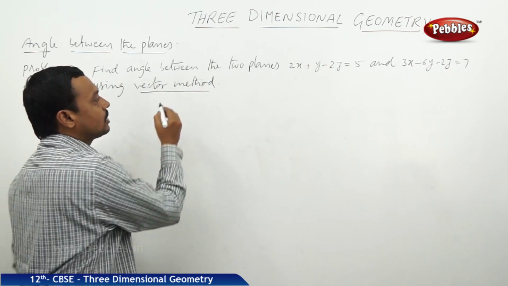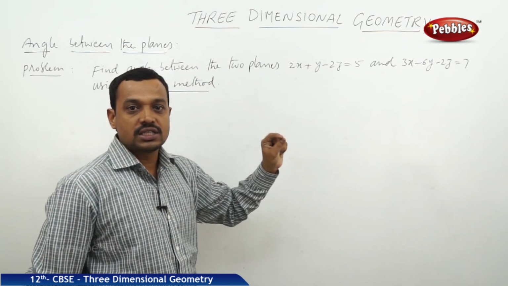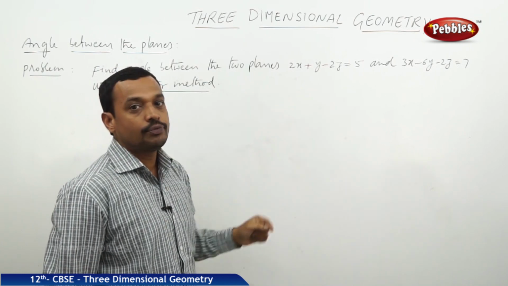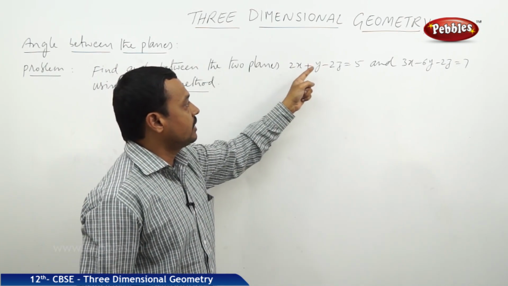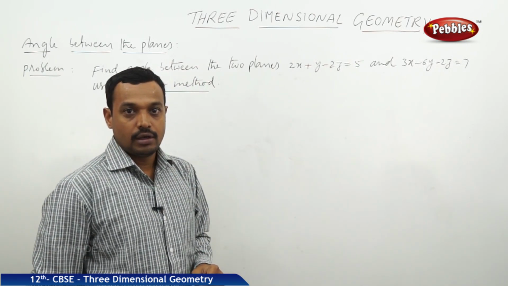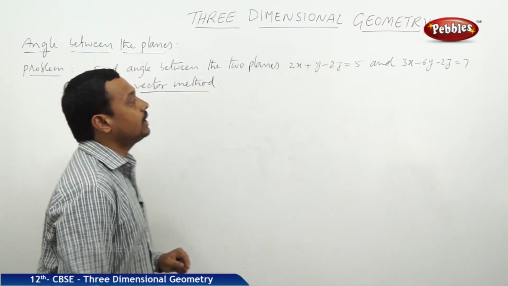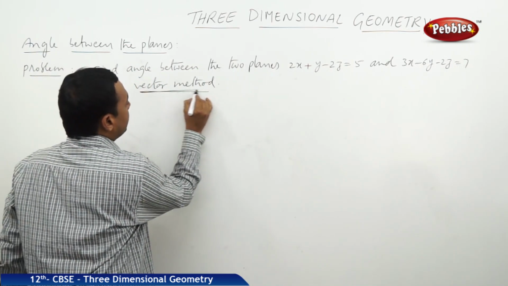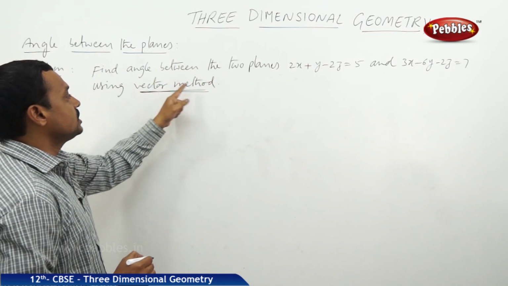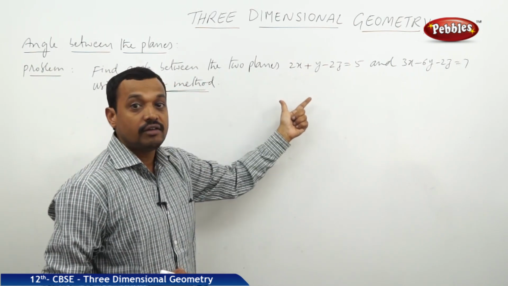If this method is not specified, then we can use the formula cos theta is equal to a1 a2 plus b1 b2 plus c1 c2 by root of a1 square plus b1 square plus c1 square into root of a2 square plus b2 square plus c2 square, since the two planes are in Cartesian form. But here it is clearly mentioned to find the angle between the two planes using the vector method, so we need to express the two planes in vector form.